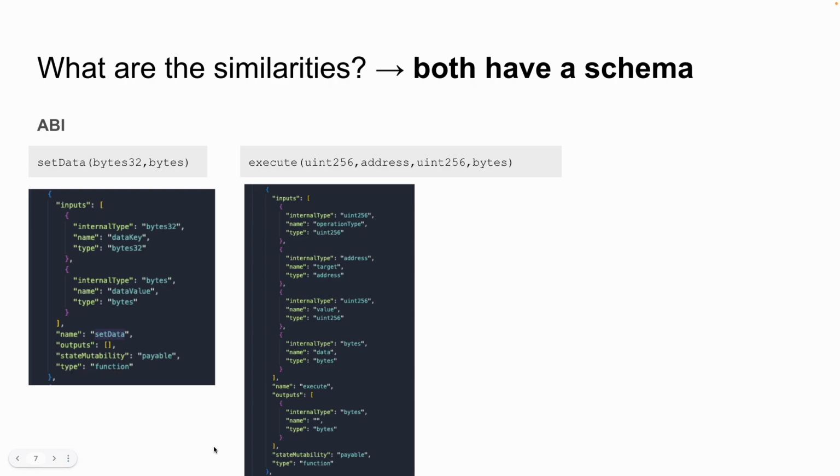For instance, if this schema defines a function, if it defines an error, or if it defines an event. So the ABI, as you can see, also has a schema with properties that are the same regardless of what the function is: inputs, the name of a function, outputs, state mutability, and the type of the object.